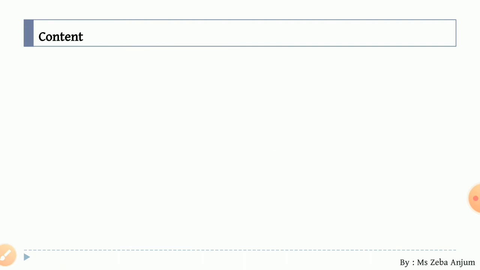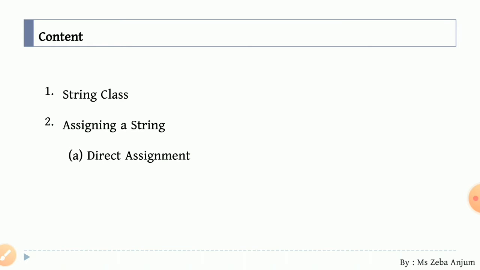Okay, so see, the content of this video will be, firstly you will see what is a string class. Okay, then we are going to see how we are going to assign a string. Now for assigning a string also we are having two methods. Method number 1, direct assignment. Method number 2, assignment by using a new keyword.